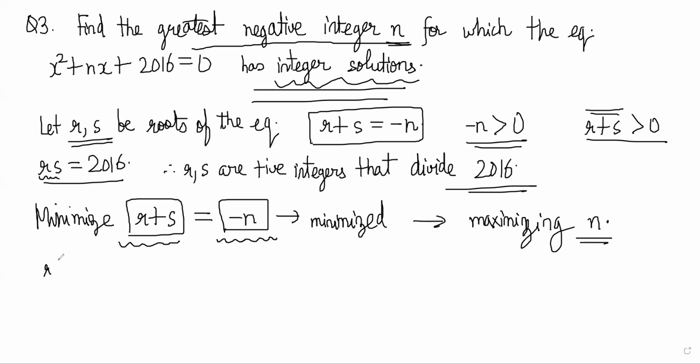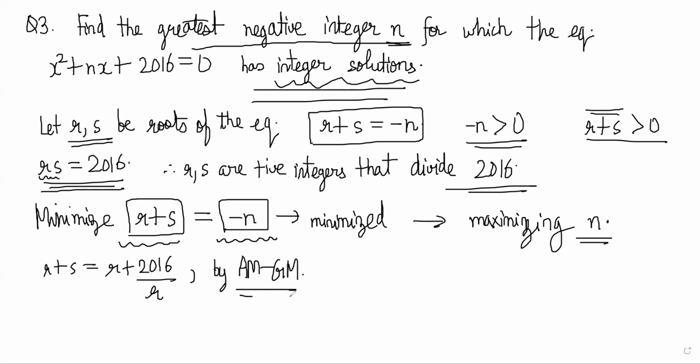So R plus S can be written as R plus 2016 by R, because RS is 2016. So therefore, by AM-GM inequality, since both R and S are positive, we can apply AM-GM. We can say R plus 2016 by R will be greater than or equal to 2 times root of 2016, right?